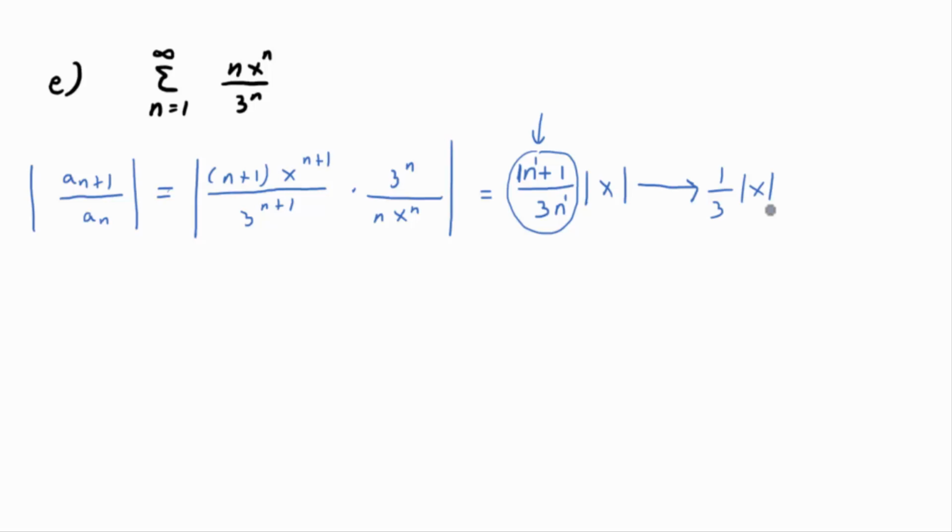Now it's time to think about x. For convergence by ratio test, we need 1/3 absolute value of x to be less than 1.